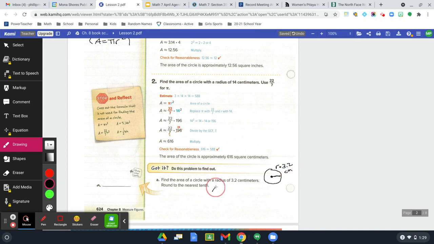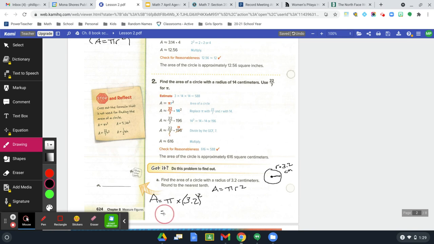Now, knowing our formula is area equals pi r squared, we're going to start plugging in what we know. So area equals, we can use the pi key on this, times the radius squared. Well, we have the radius. It's perfect. So 3.2 squared is what we're going to do. I'm going to put that radius, that 3.2, in parentheses there, so you understand that you're only squaring the radius, just this number right here, 3.2 squared.